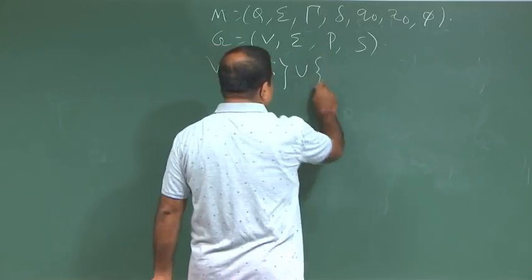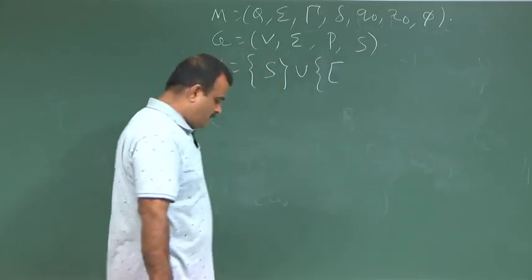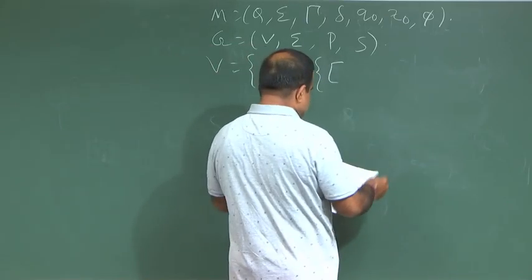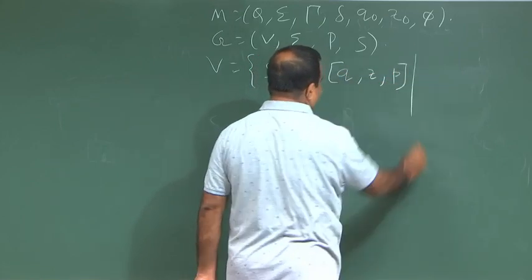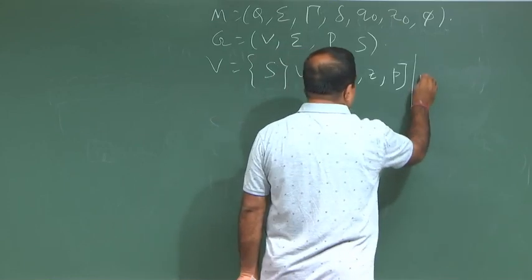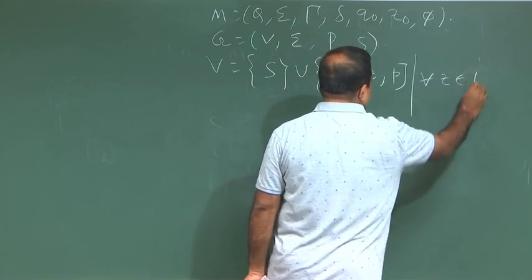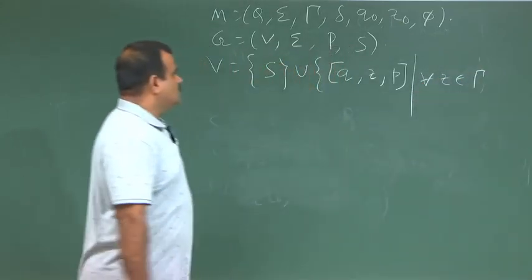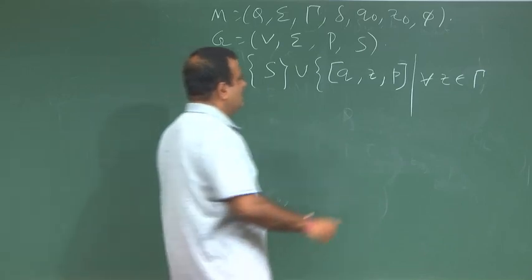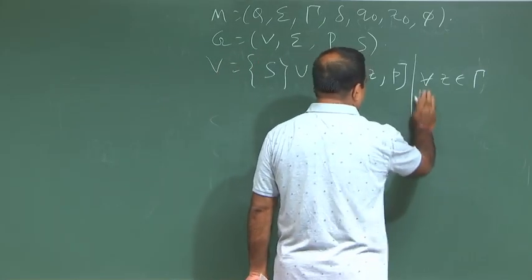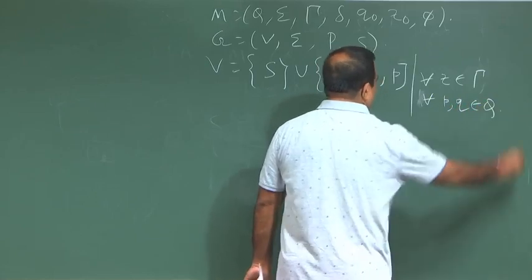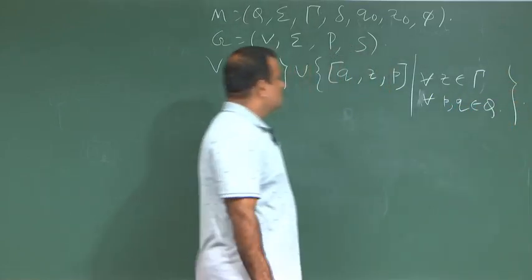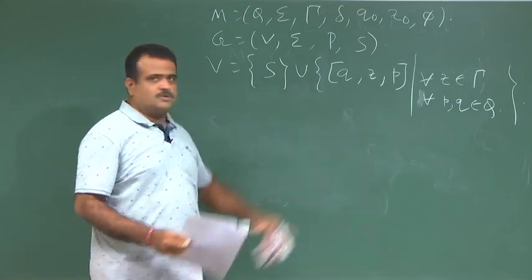So this is basically the set of these 3-tuples Q, Z, P, where Z comes from the stack symbols and P, Q are for all P, Q coming from Q. So all possibilities are there.